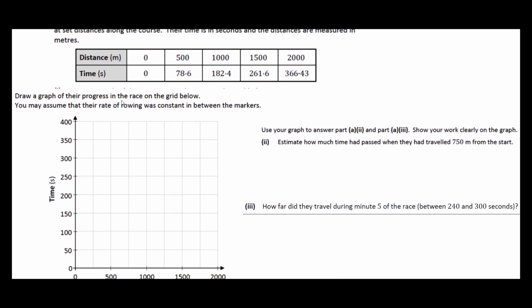Draw a graph of their progress in the race on the grid below. You may assume that the rate of rowing was constant in between the markers. Now, you may read that sentence and think, I don't really know what they mean. But what they mean is that between these markers, the constant rate of rowing means the rate, the slope.